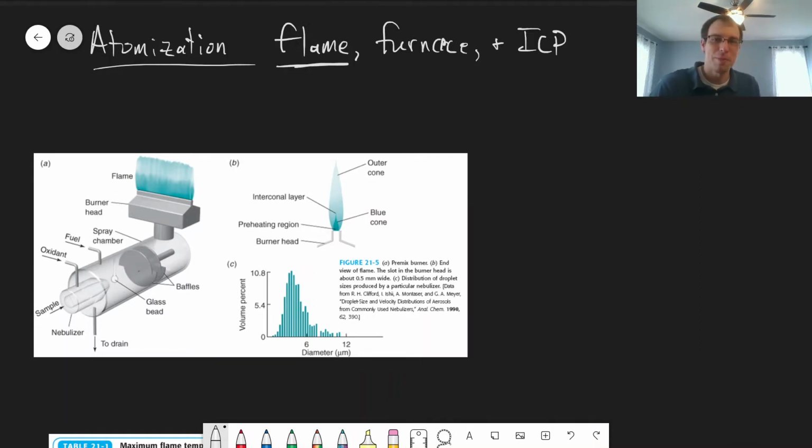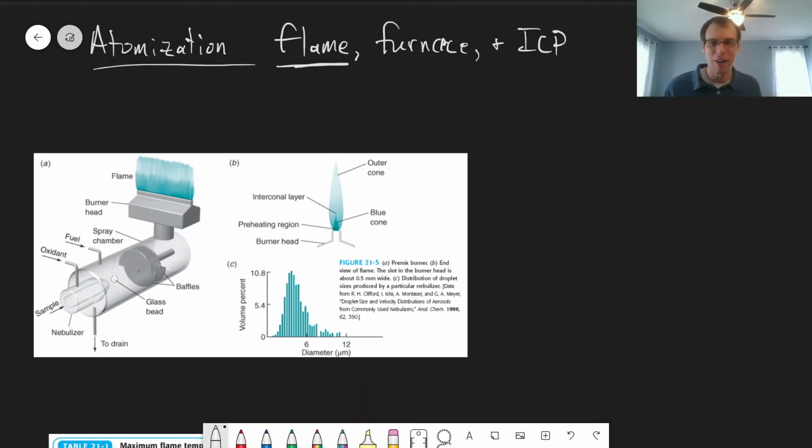So this is the most basic idea here, is that we take some sort of fuel, often acetylene. We take some sort of oxidizer, usually air or oxygen, and we burn our sample. That's the basic idea here. Now, it's not quite as simple as you just throw your sample into a fire, right? I mean, you can do that, but we want to make this a reproducible thing, where we get a very similar flame every single time.